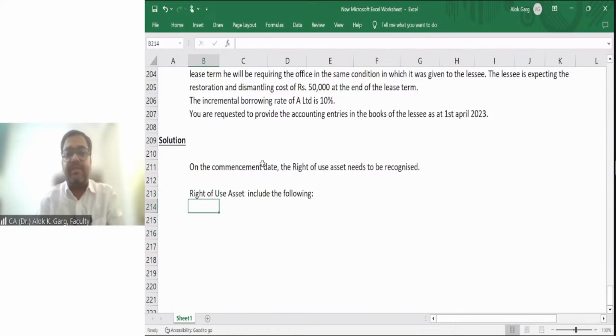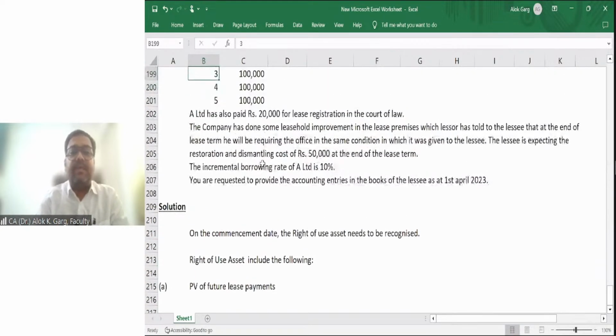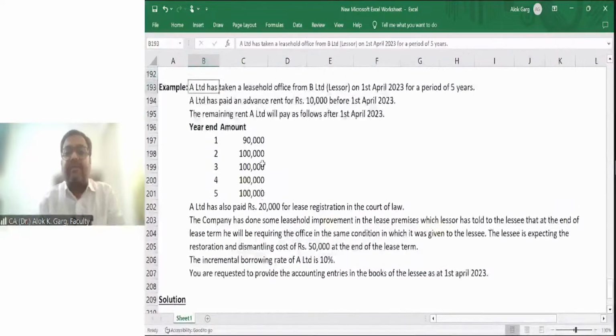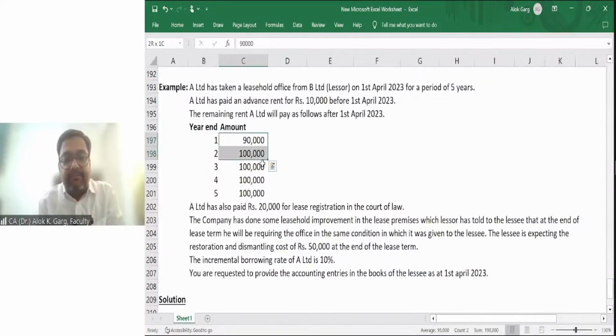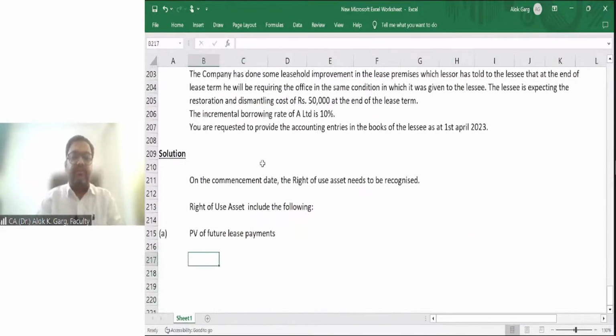Number 1, present value of future lease payments. What is meant by present value of future lease payments? Means in future, commencement date is 1st April. In future, I am paying these amounts. So I need to do the present value of future lease payments. Number 2, B.